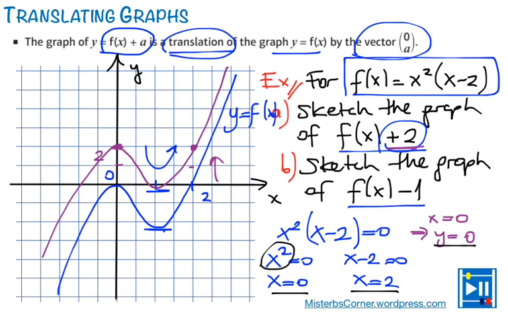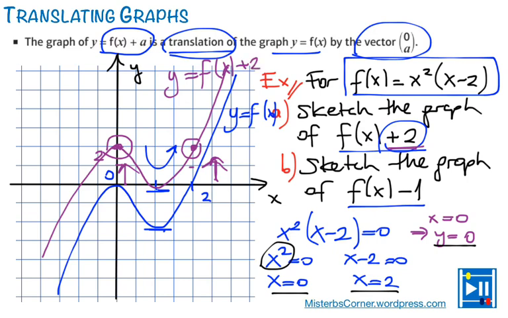All that matters is: did I move the coordinates of the intersection points with the x and y axes up 2 units? Yes, I did that. So that's going to be y equals f of x plus 2.